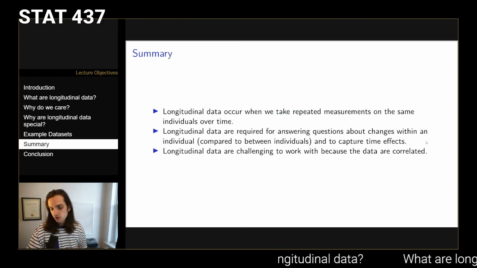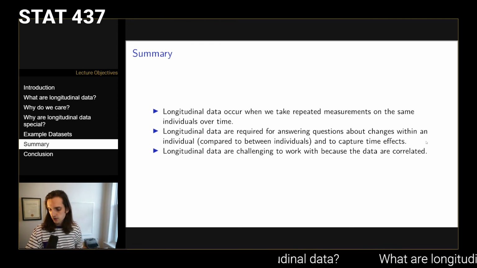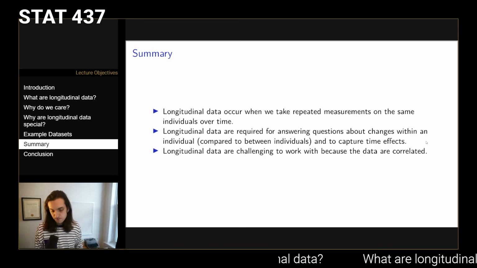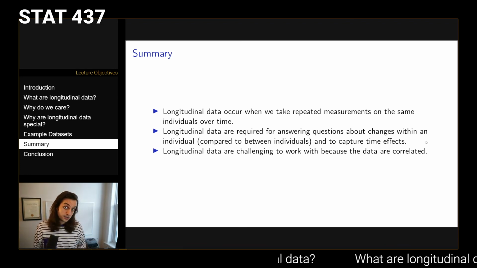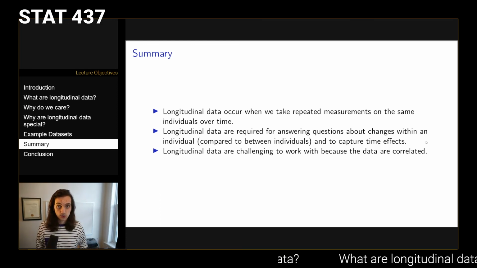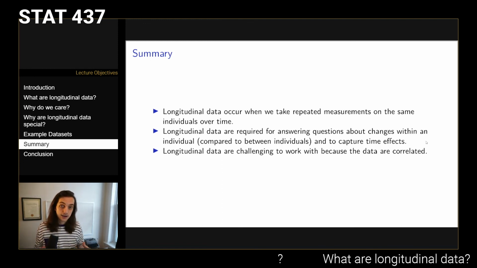So longitudinal data are data that occur when we take repeated measurements of the same individuals over time. Oftentimes we're measuring the same variables over and over again. Longitudinal data are required for answering questions about changes within an individual as compared to changes between individuals, and to capture time effects.